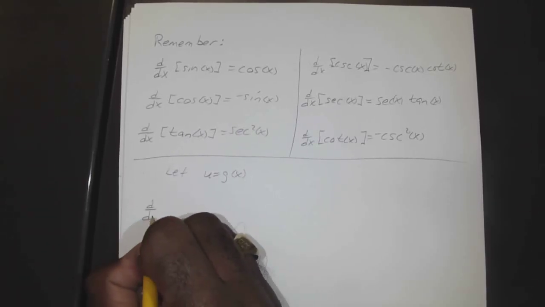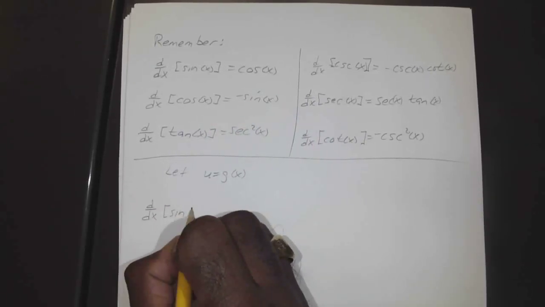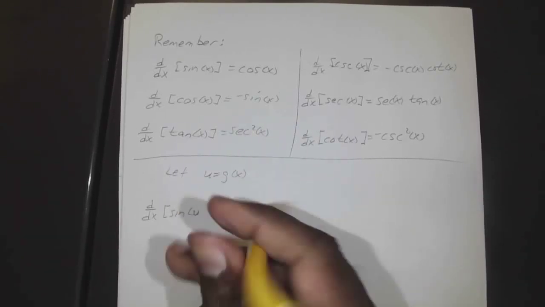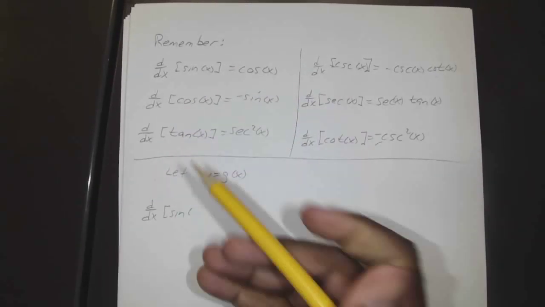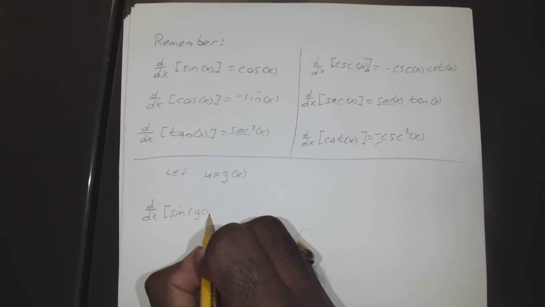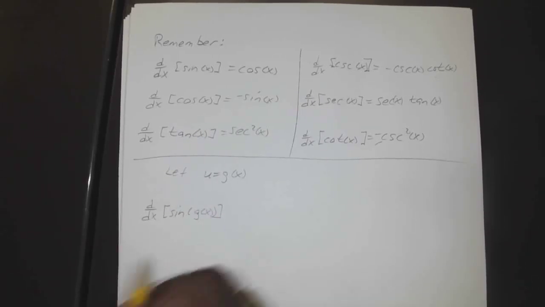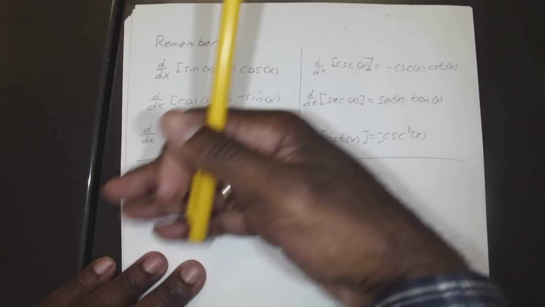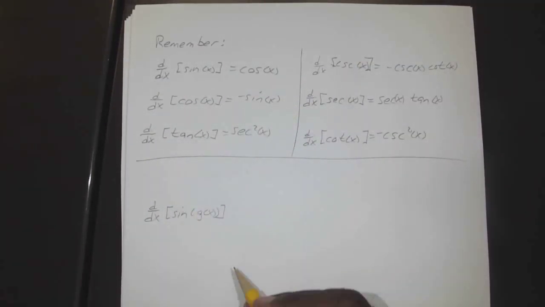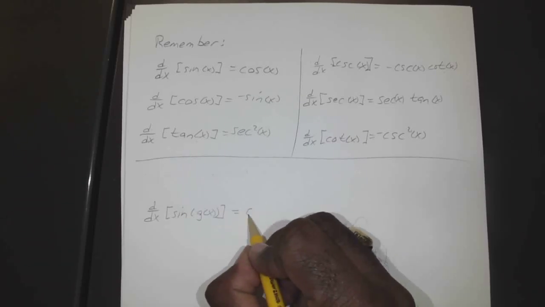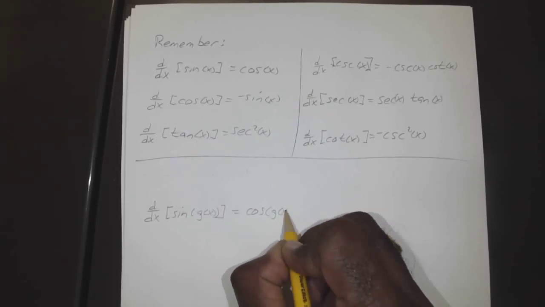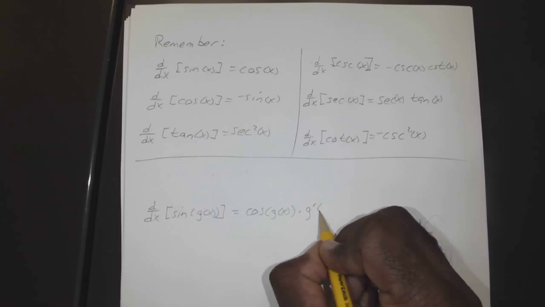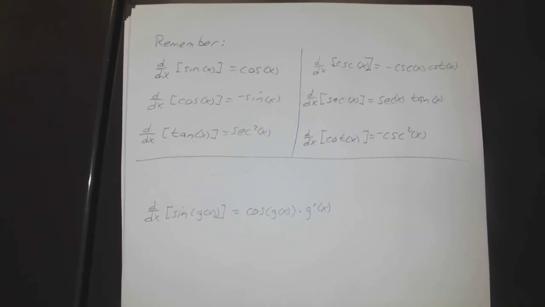So the derivative of sine of g of x is equal to cosine of g of x times g prime of x. Once you have a function in there, you're just going to multiply it by the derivative of what's inside.